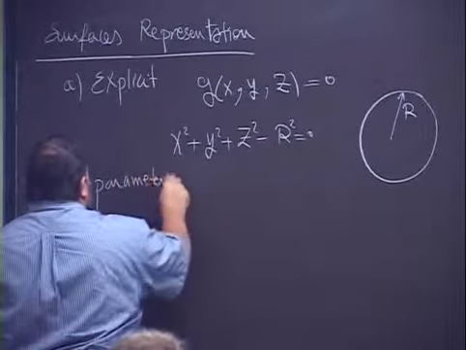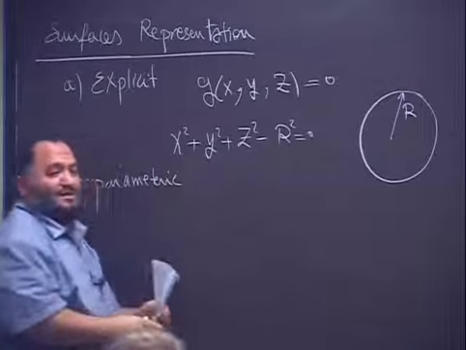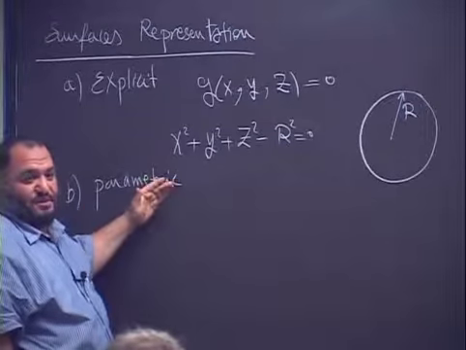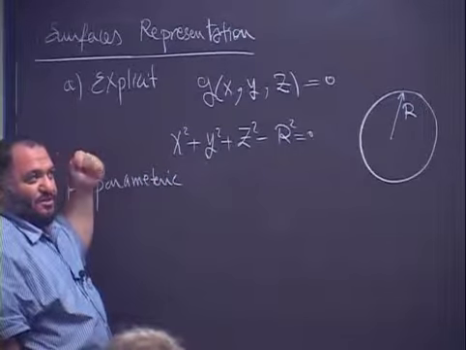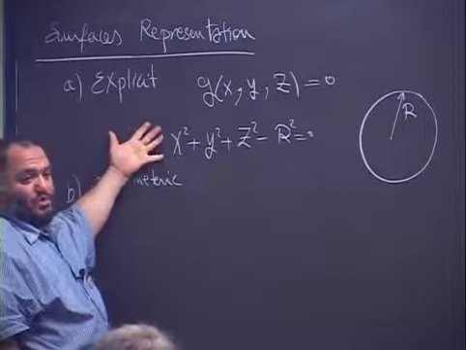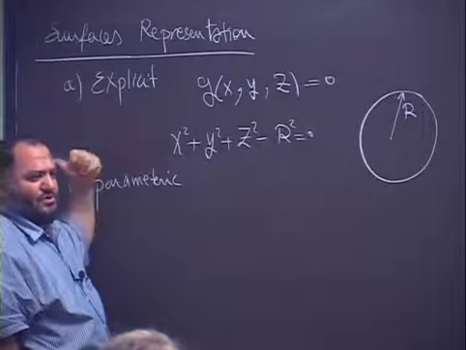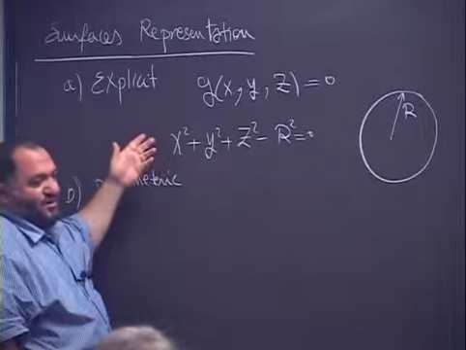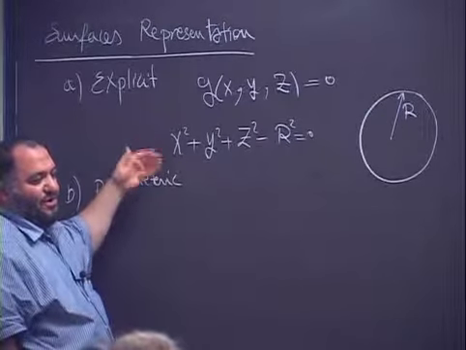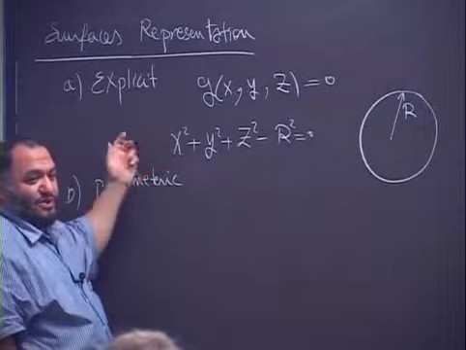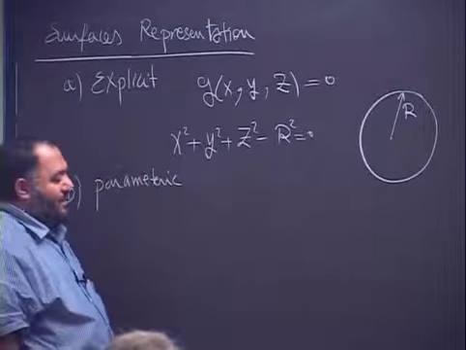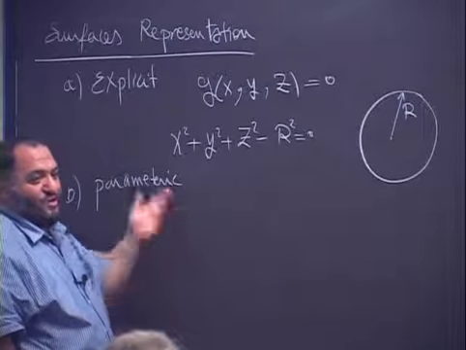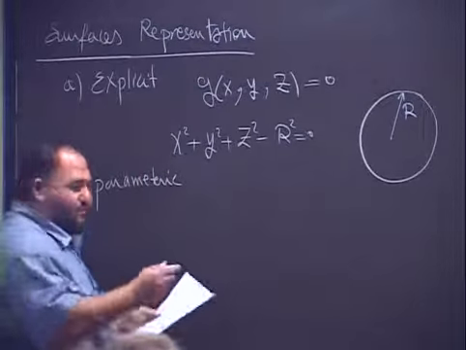parametric. And this is, by the way, exactly the same as what we did with representing curves. A couple of lectures ago, in the first lecture, we showed how to represent a curve, and also in the last chapter on vector calculus, when we have vector r equal to x in the i direction plus y in the j direction plus z in the k direction, or it will be some function of u, v, w, for example, of time t.